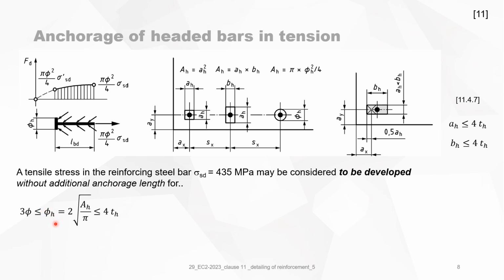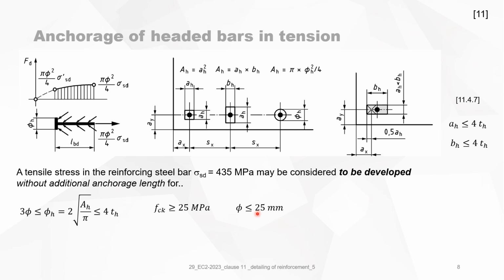The diameter or equivalent diameter of the head must be smaller than 4 times the thickness of the head and must be bigger than 3 times the rebar considered. Okay, that's a normal condition. Concrete quality must be bigger than 25 megapascal to avoid crushing.